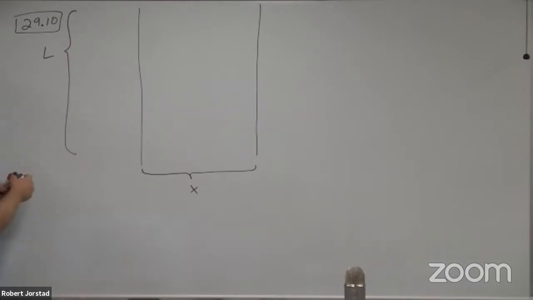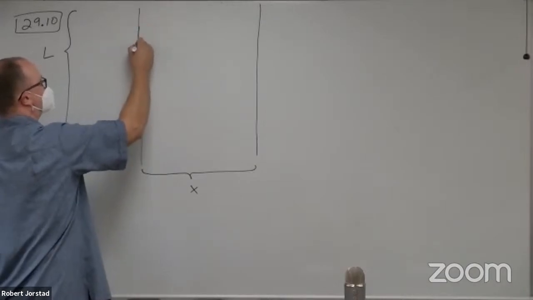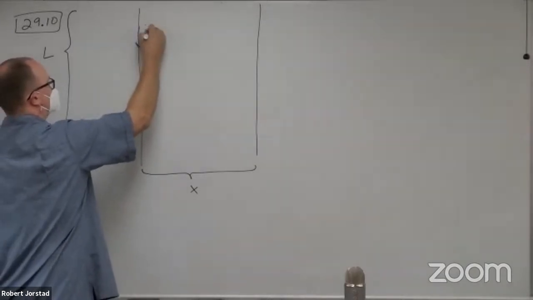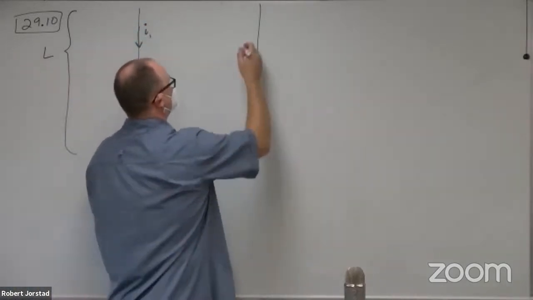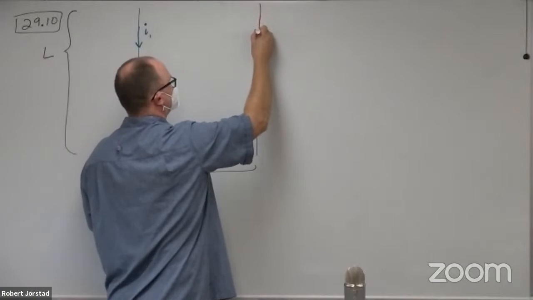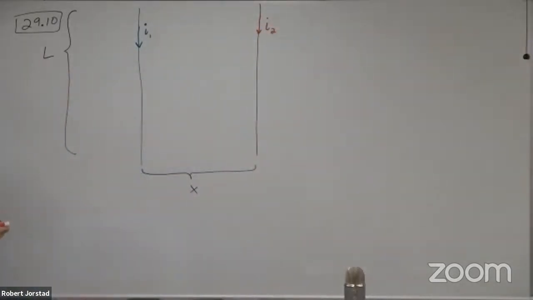We know the current. I'm going to use blue for this one. We'll just say I1 is flowing downwards, and we got I2 flowing downwards as well. I think those quantities are known.